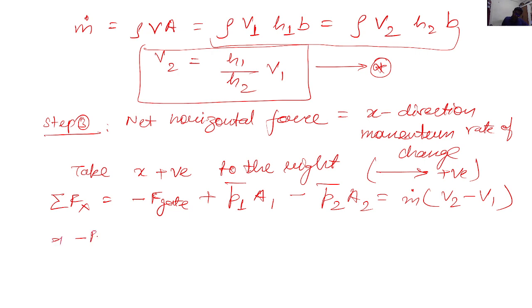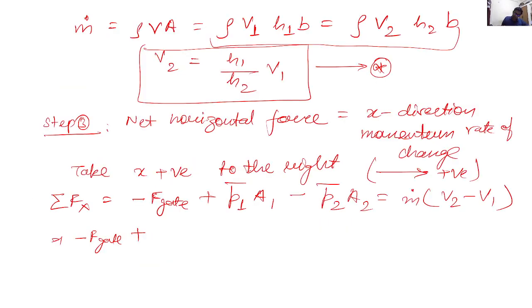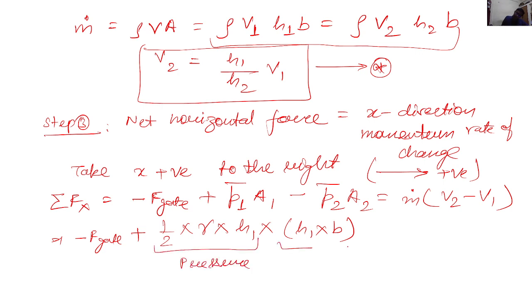So minus F gate plus P1A1, where P1 can be represented as the area of this triangle. So the area is half into gamma, that is rho g, into H1, so this is the pressure, and times the area, which is H1 times B. So this is the pressure and this is the area.